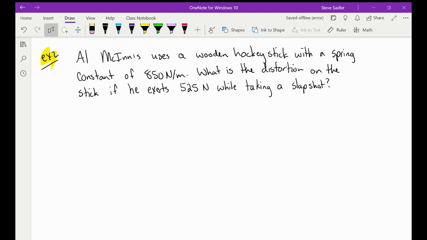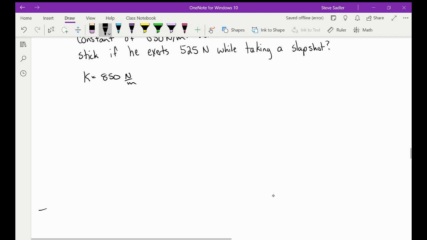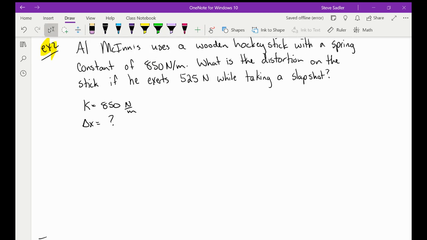So it says here, Al McInnes uses a wooden hockey stick with a spring constant of 850 newtons per meter. So that means our K is 850 newtons per meter. What is the distortion on the stick? So we're looking for delta X if he exerts 525 newtons while taking a slap shot.